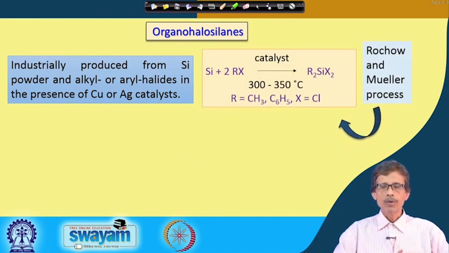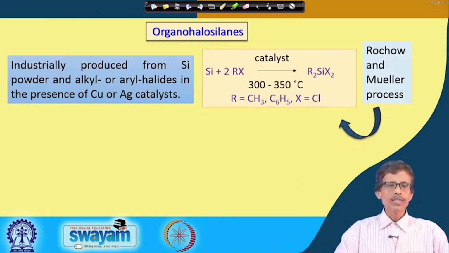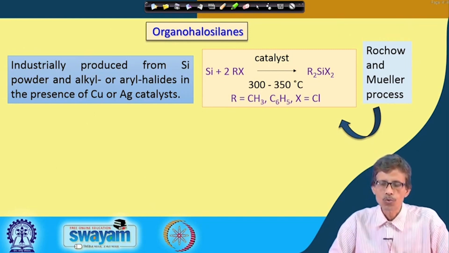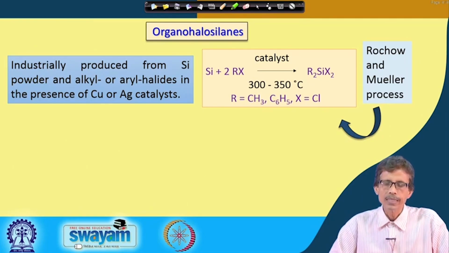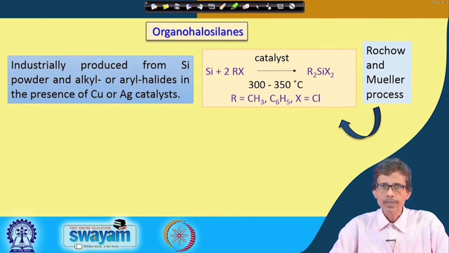So, we have the silicon powder, the RX material, the alkyl halide or aryl halide, and well-known catalysts, and we react them for R2SiX2 formation. It is not that we get only that; we can also have RSiX3 and R3SiX.